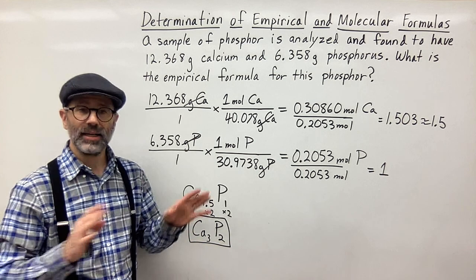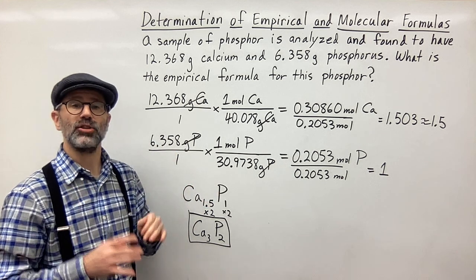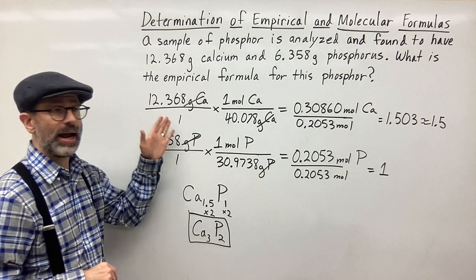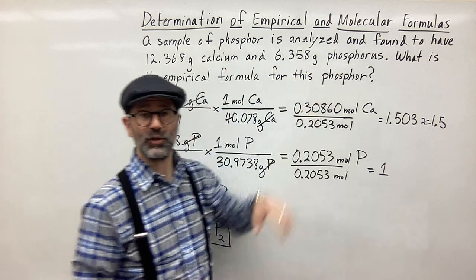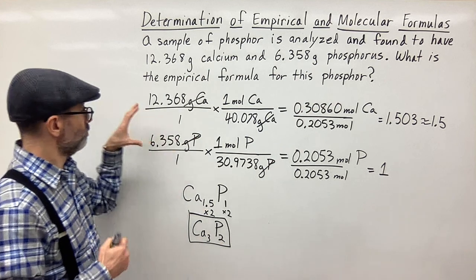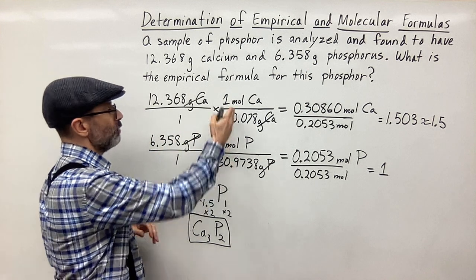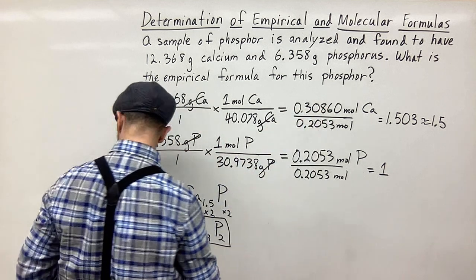So again, let's walk through the steps again. The goal is to get to the smallest whole number ratio. If we're given grams of calcium and grams of phosphorus, first step, take the grams, use the molar mass of each element to convert to moles.